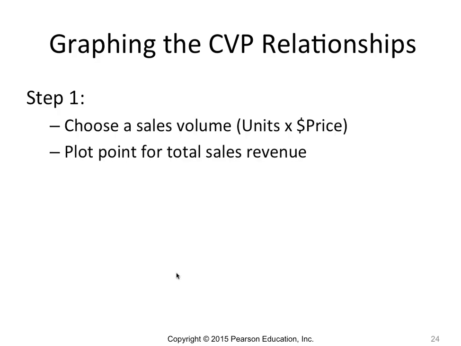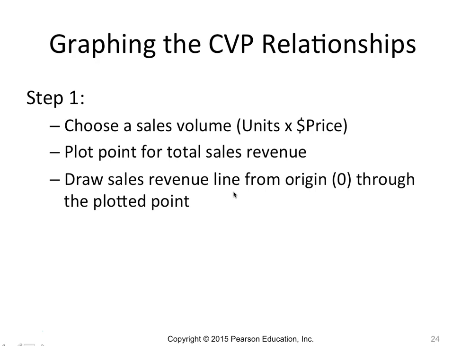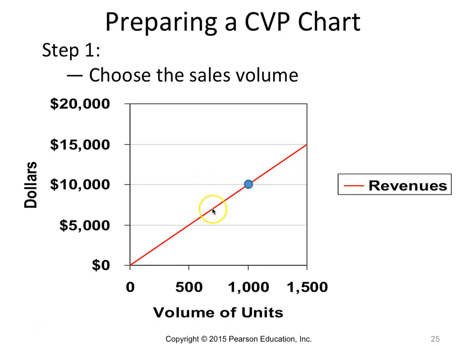So graphing the CVP relationship: sales volume is units times price, and then we plot points for total sales revenue and draw a sales revenue line from the origin through the plotted point. So it's here, and here we have 1,000 units, and I added $10 per each.